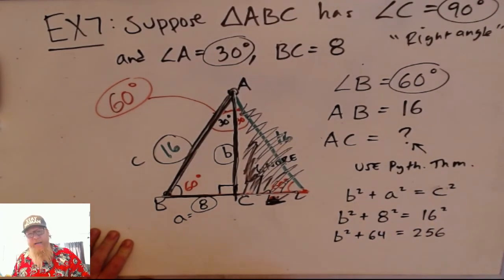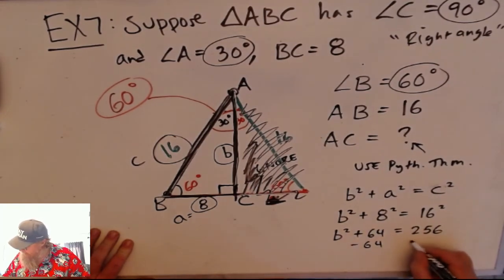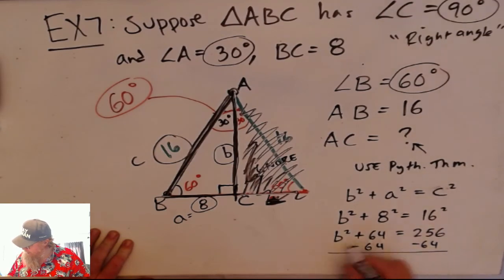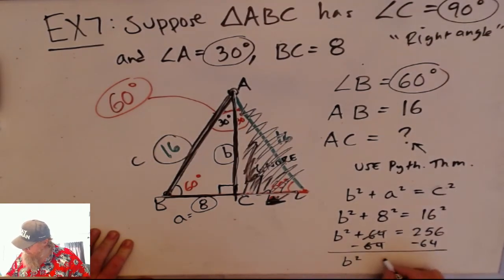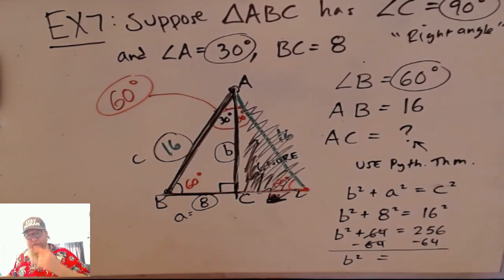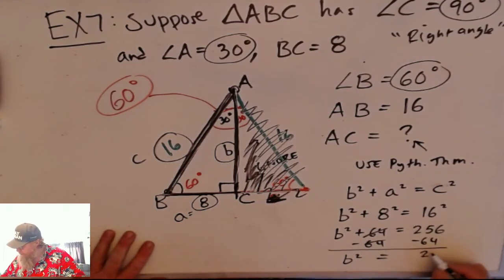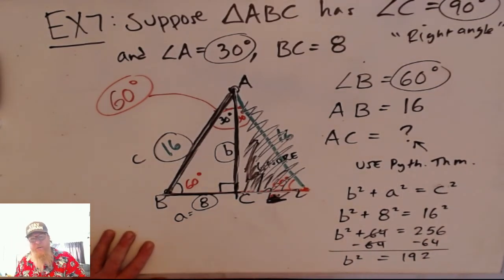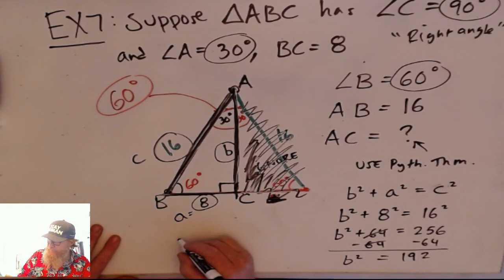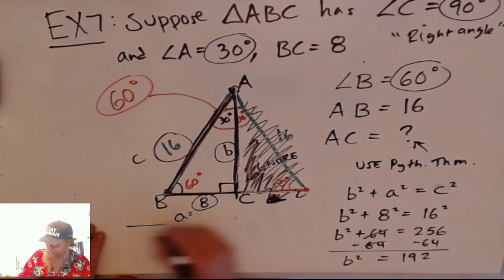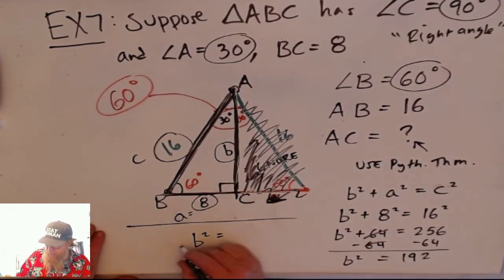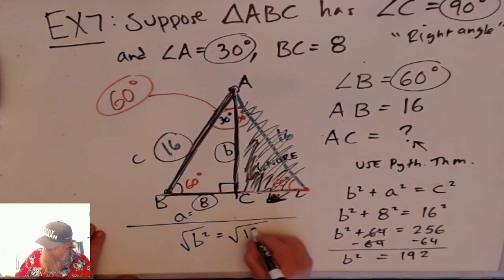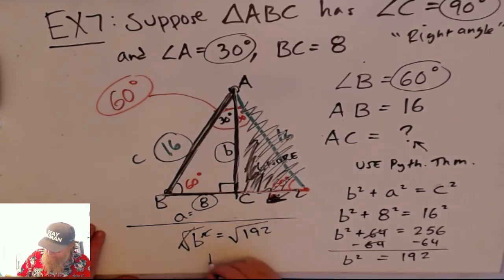I'm trying not to use a calculator. Subtract 64 from both sides. 256 minus 64 is 192. If b squared is 192, then b is the square root of 192.